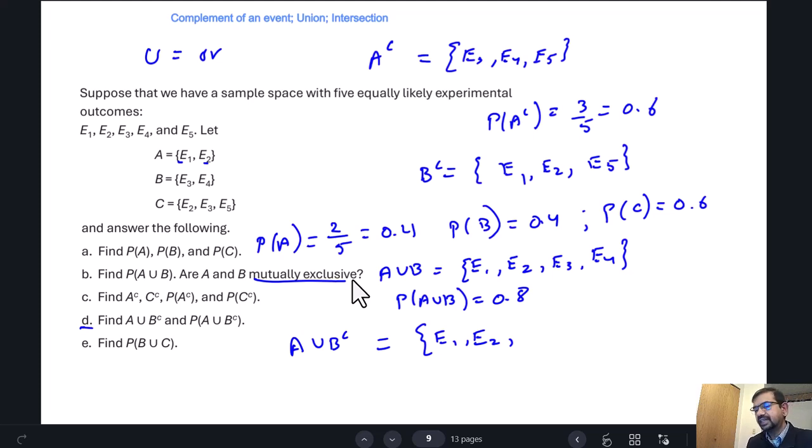So the only event that has not occurred in A then is E5. So this implies that the probability of A union B complement, again, is 3 over 5, which is 0.6. Let's look at B union C.